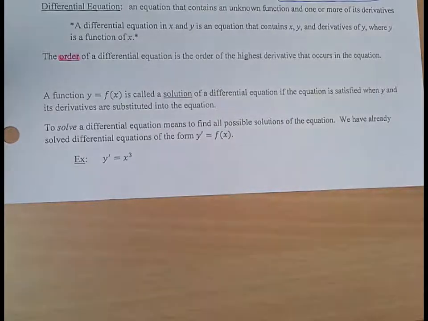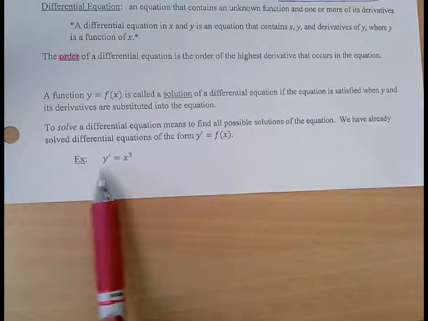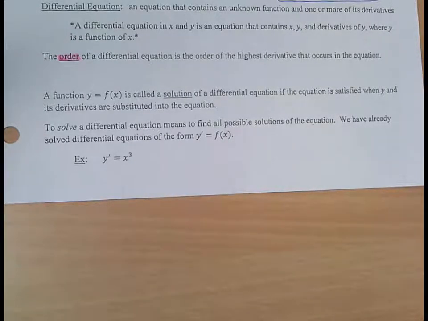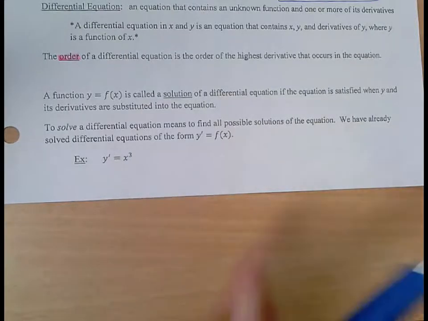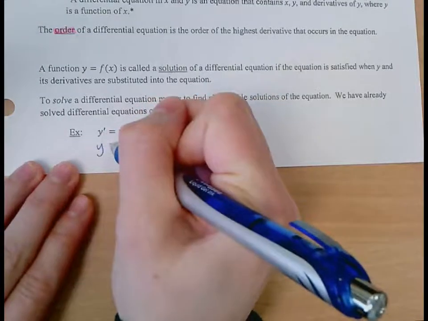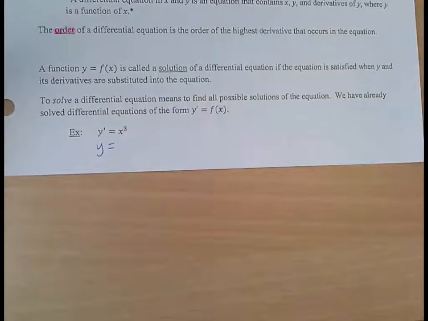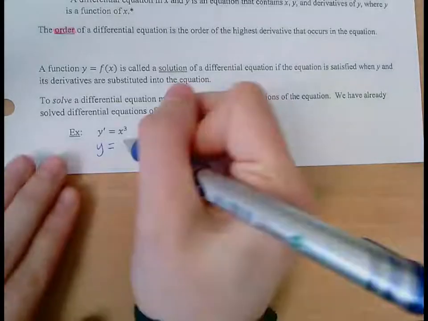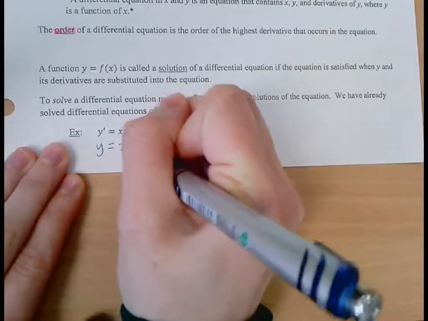We actually have already solved some differential equations. So I have an example on here of a differential equation that you should be able to solve. If I gave you this differential equation, y prime equals x cubed, and you try to find a function y that would be a solution to this, anyone know what y would be? 1/4 x to the 4th.